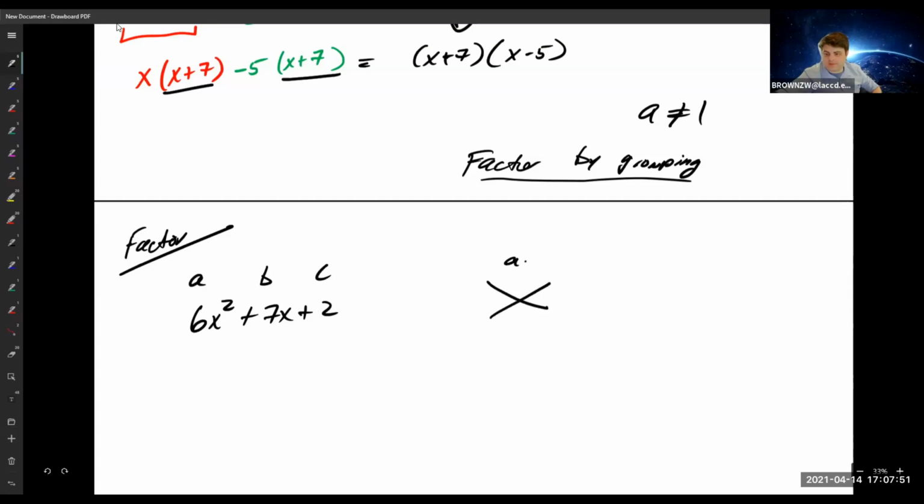On top of my diamond is A times C, so that's 6 times 2, which is 12. And on the bottom of my diamond, we have 7. So we're looking for two terms that multiply to 12, but add to 7. So in this case, multiplying to 12 would be 4 and 3.